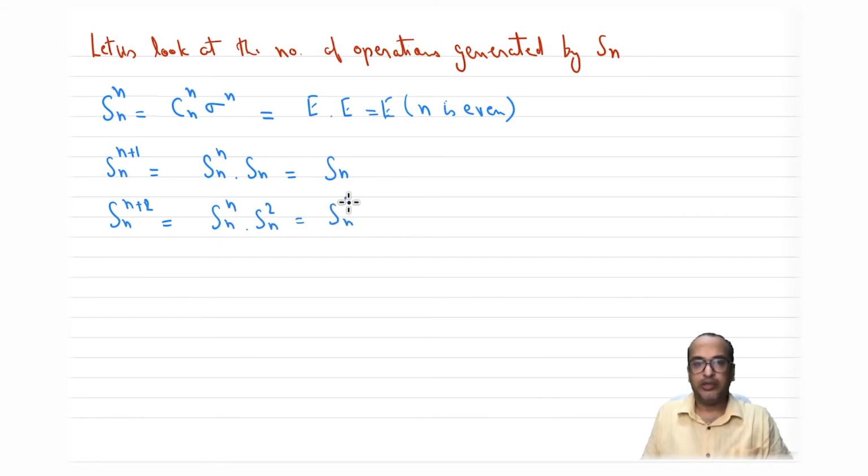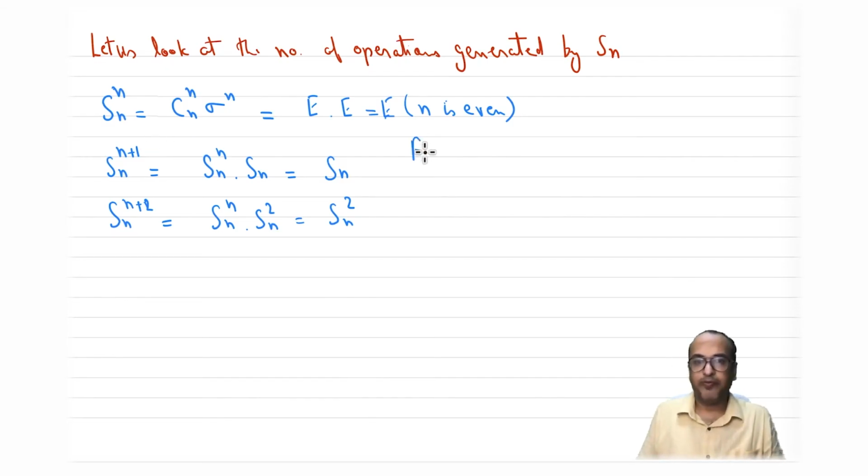So now there is a trend, right? You can see that if you are increasing this power one by one, you are getting the same operations back. So that means after Sn to the power n, it starts to repeat. So it does not generate more than n operations.